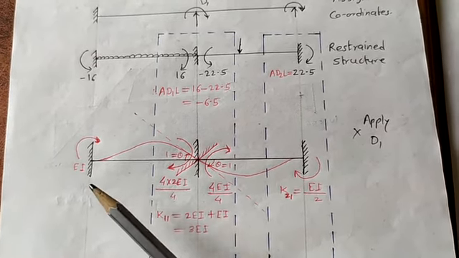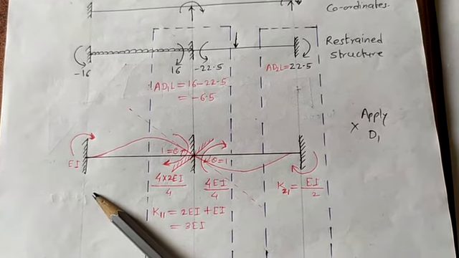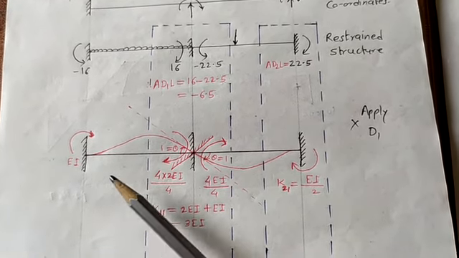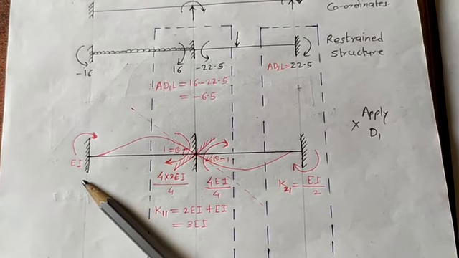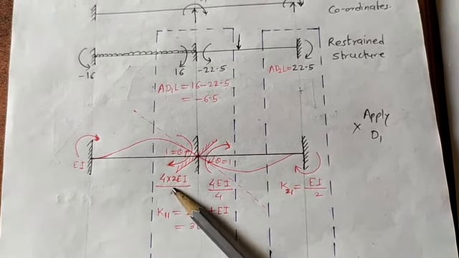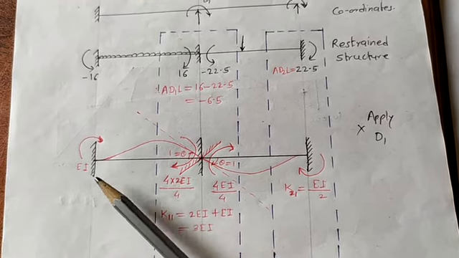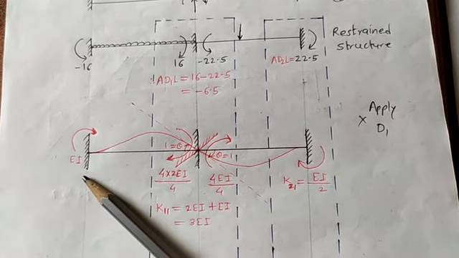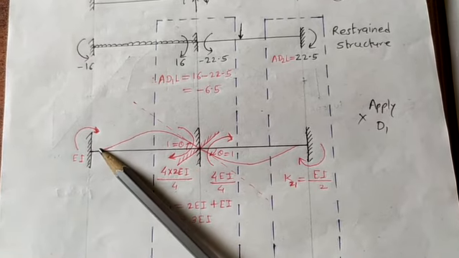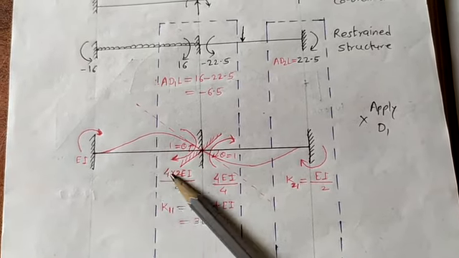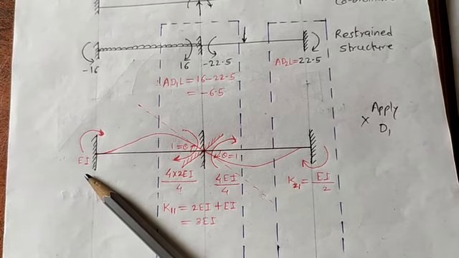To the next end, half of the moment will get carried over. Half of this will be just EI. This moment is clockwise, so half of it is transferred to the next end with the same sign, also clockwise.